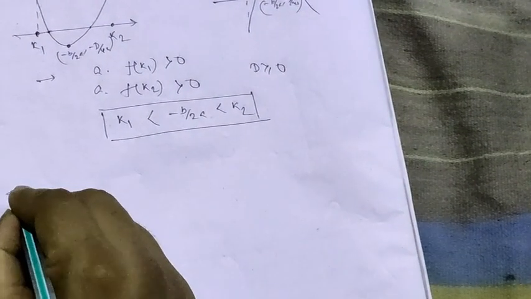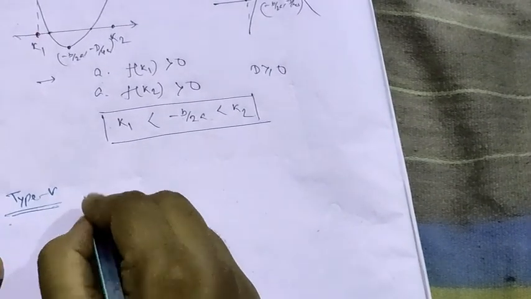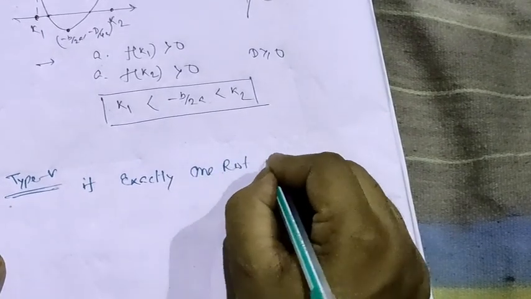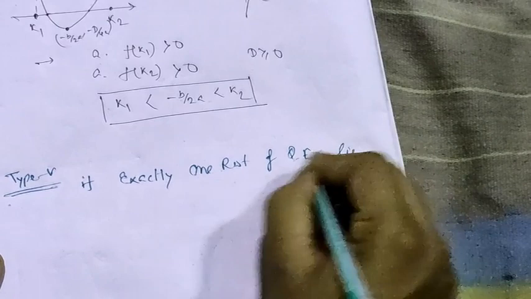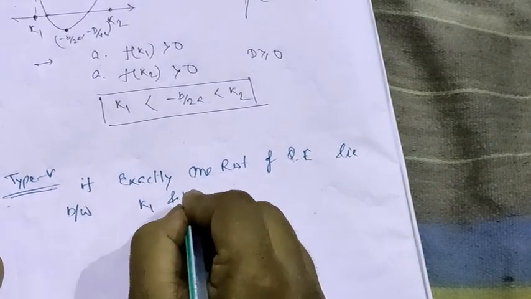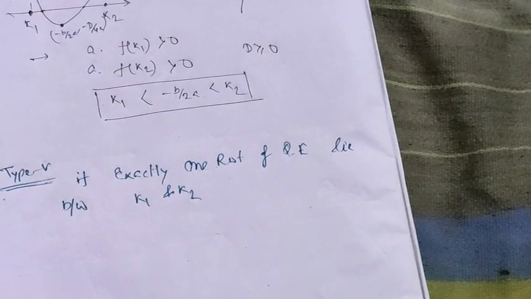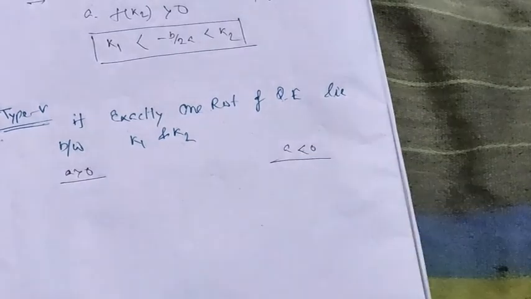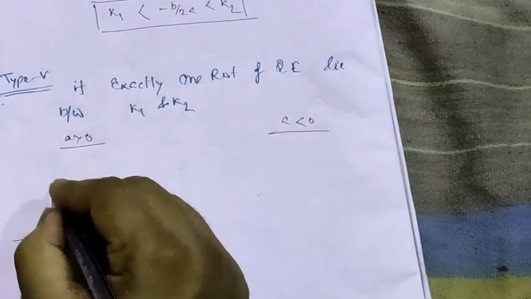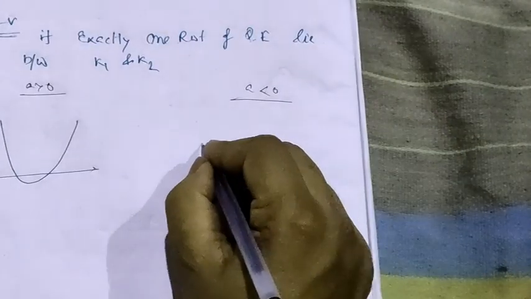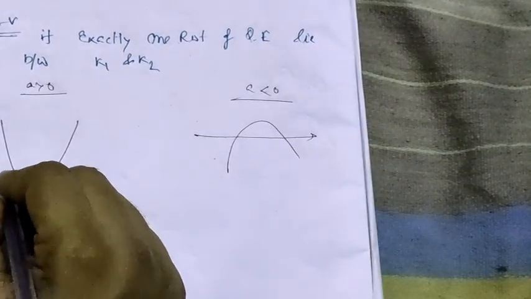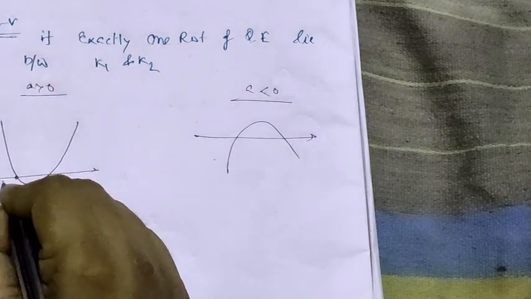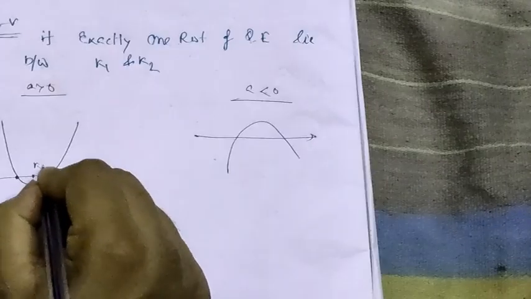And coming to type 5, exactly one root of the quadratic equation lies between k1 and k2. This is the type 5 question. For a greater than 0 there will be a curve, and for a less than 0 there will be a curve. For a greater than 0, I assume the curve is like this. For a less than 0, the curve is like this. If exactly one root is between k1 and k2, I assume this is the root which lies between k1 and k2, that is k2, k1.